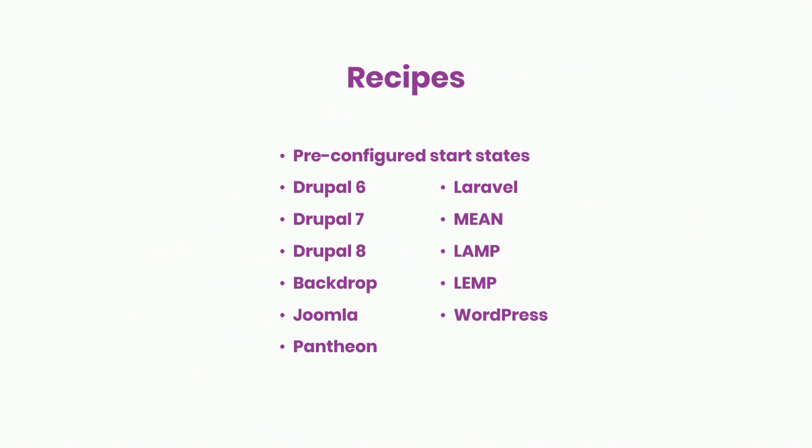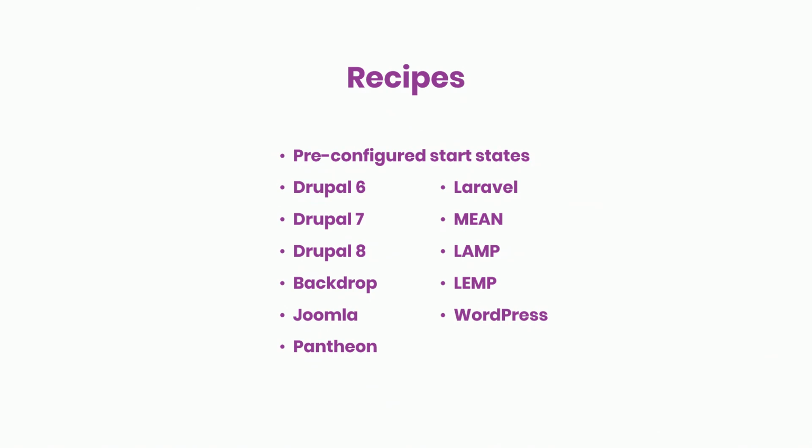So Lando, the way it works, it gives you some pre-configured start states, which are essentially common sense defaults for the various environments. If you want to start with a Drupal 6 recipe, for example, it will build your whole stack for you. You'll have probably what, PHP 5 point something if you're running the Drupal 6 recipe, for example.